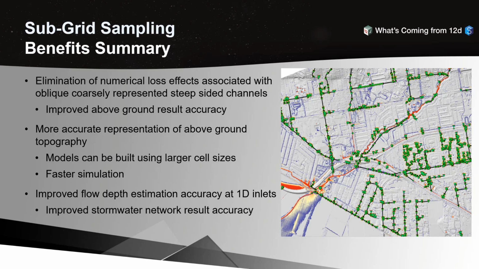And then if you're doing urban modeling, which has underground pipe network inputs, you'll also define the flows through that pipe network more accurately because the flow depth details at your pit inlets is better represented.